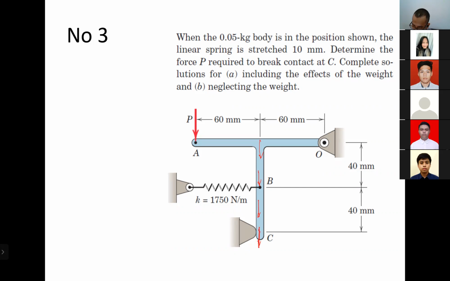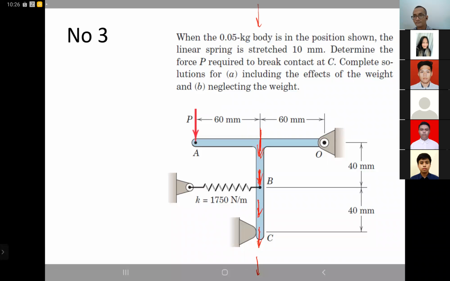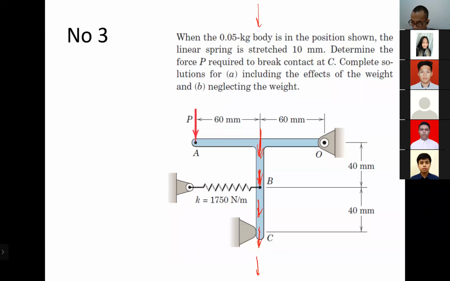You can put the weight force, the gravitational force, at C like this, or at B, or in the middle between A and O. As long as it's on this line of action, the result is supposed to be the same. I see. Because we use the perpendicular distance, which will be 60 anywhere, right? Okay.